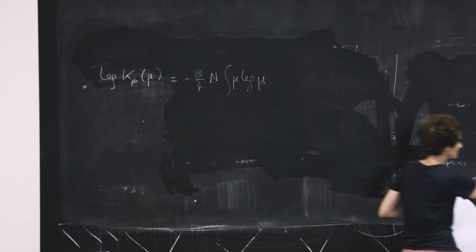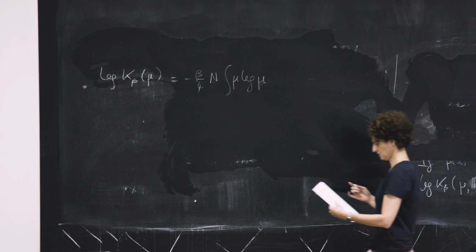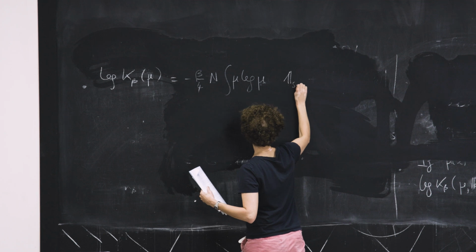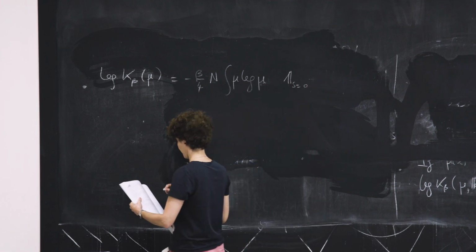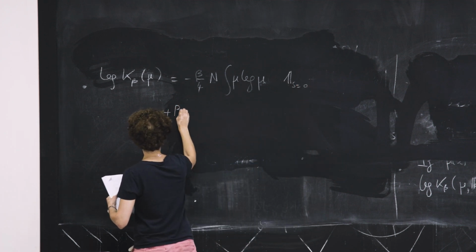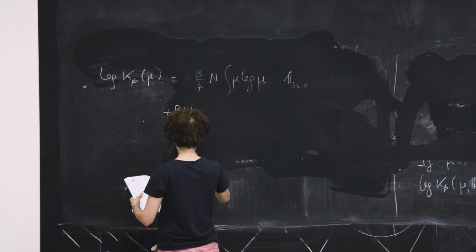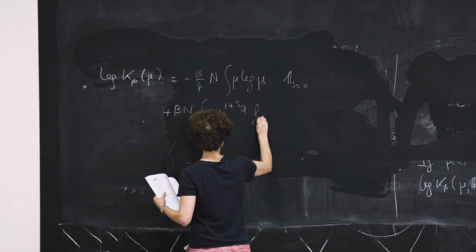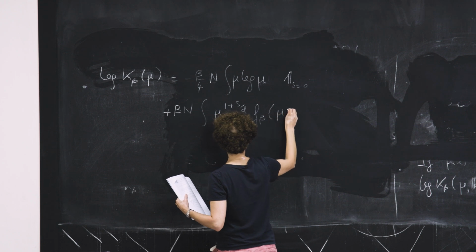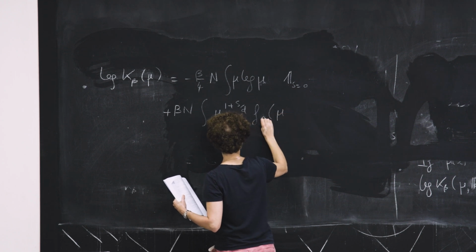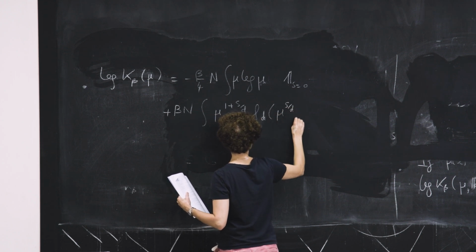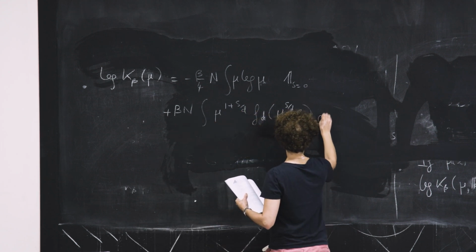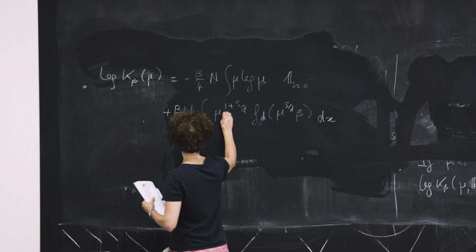So that's the sum of these m log m's that got deleted, in the case s equals 0. Plus beta n times the integral of mu to the 1 plus s over d times f_d of beta, and this gets integrated with respect to x, so it's mu of x.